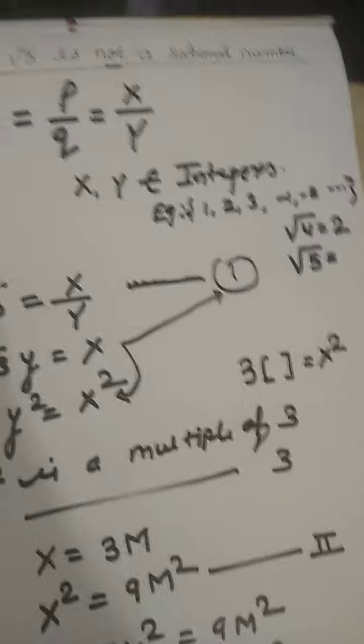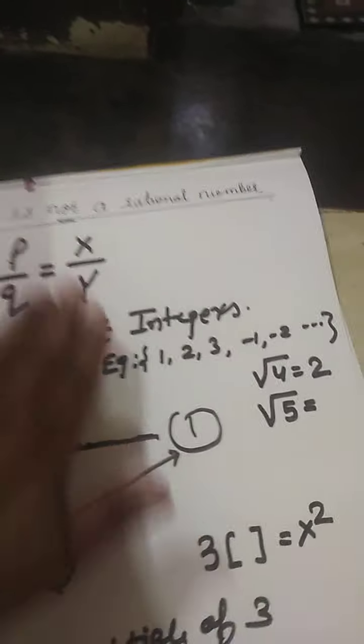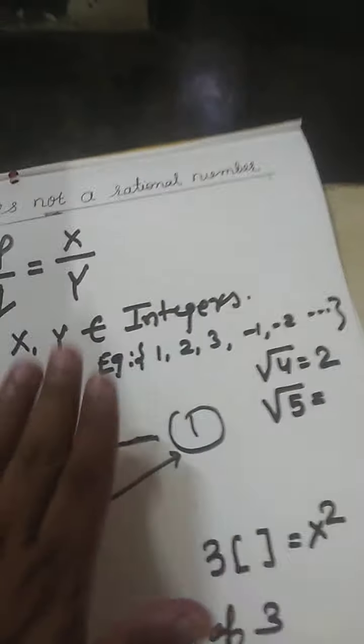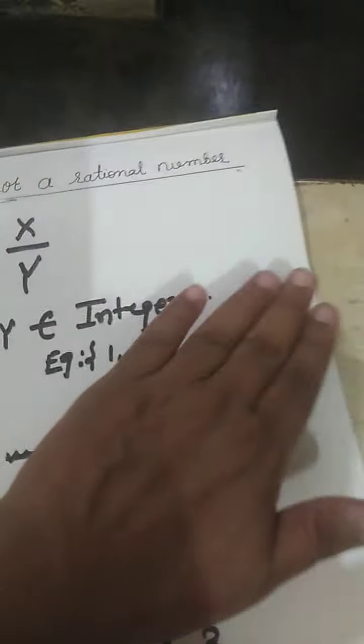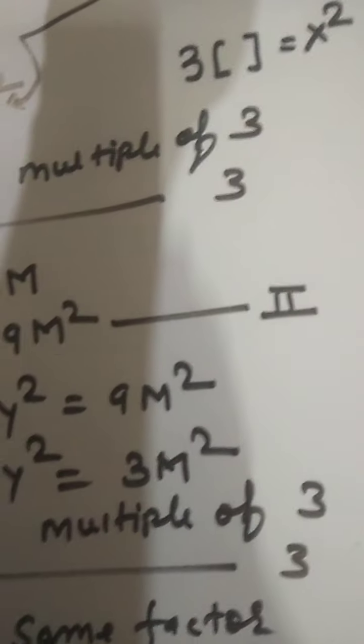So my dear, when you prove this kind of question, please keep in mind all the time that X and Y are integers and they don't have any common factor. And if our result shows X and Y have the same factor, this contradicts our assumption.